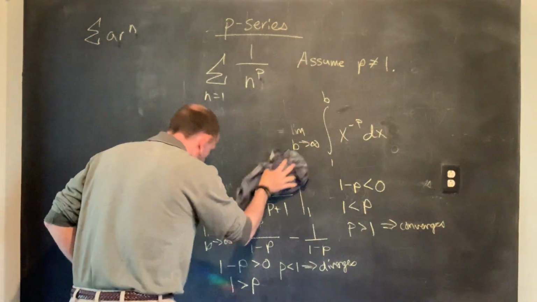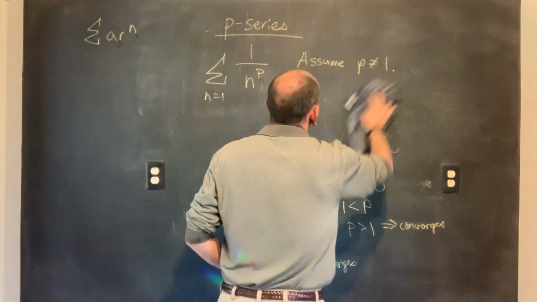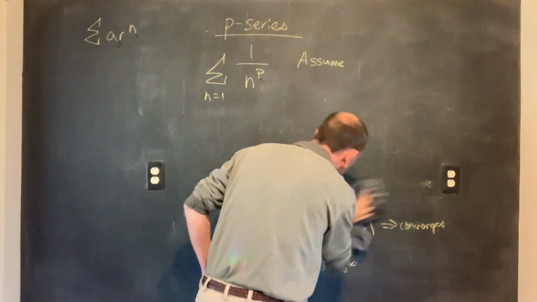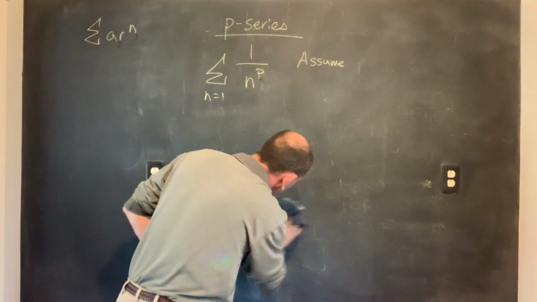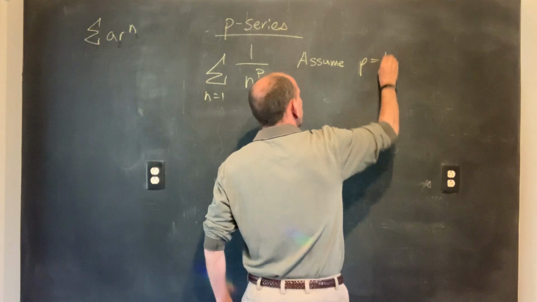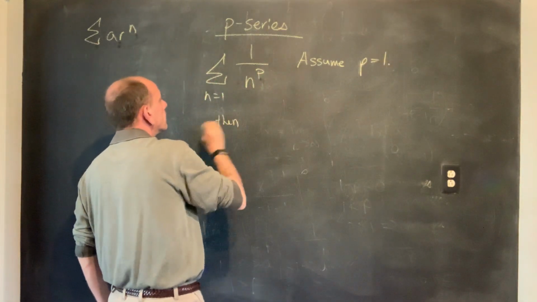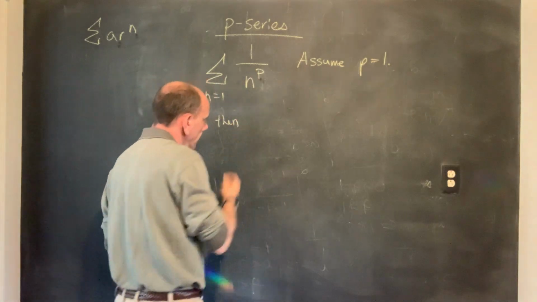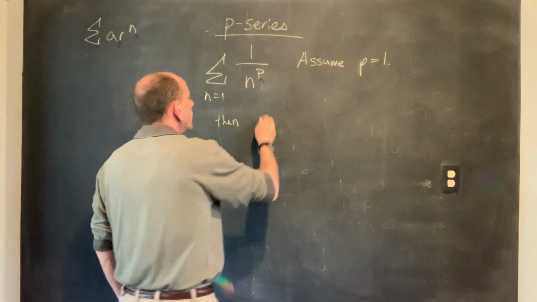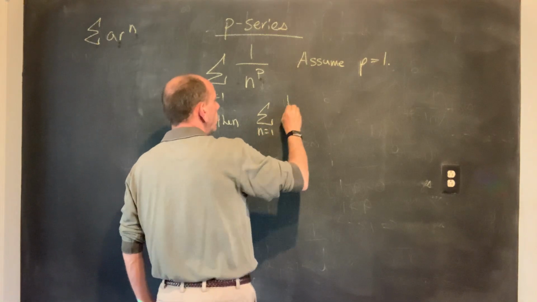Now let's assume that p does equal 1. Then we still have the same case. The integral test is going to apply, but we have the series n equals 1 of 1 over n.